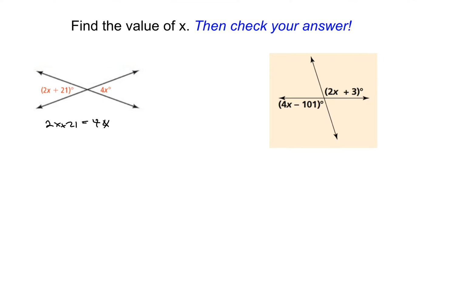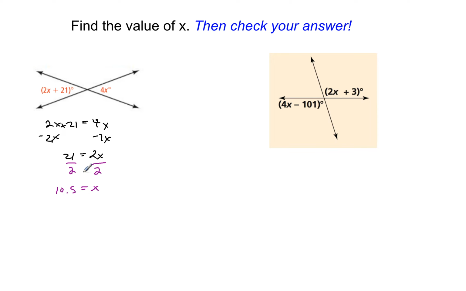When I subtract 2x from both sides of the equation, I get 21 is equal to 2x. Then you divide both sides by 2, and you get x is equal to 10.5.